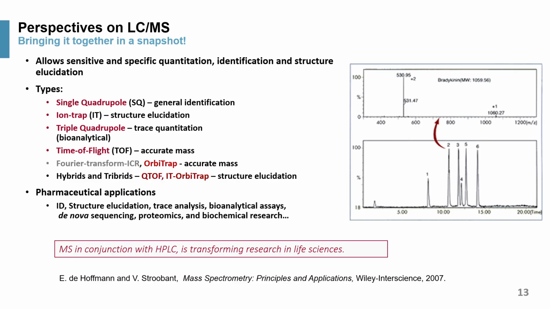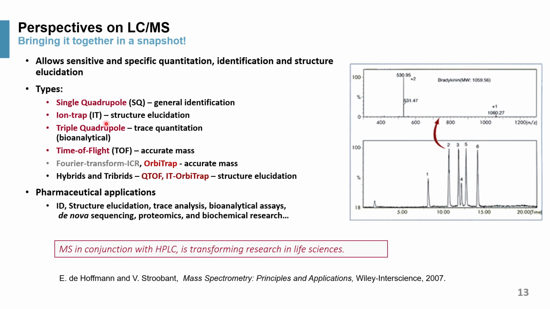This slide summarizes some perspective on LC mass spec, bringing everything together in a snapshot. We said that LC mass spec allows very sensitive and specific quantification, and also identification and structure elucidation. The level of speed and sensitivity is unprecedented.